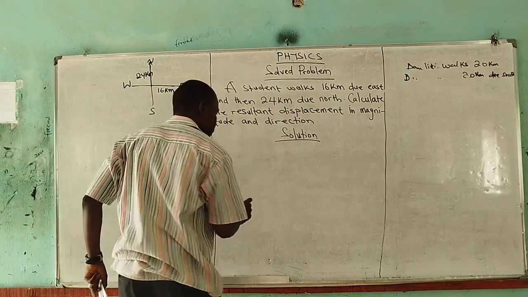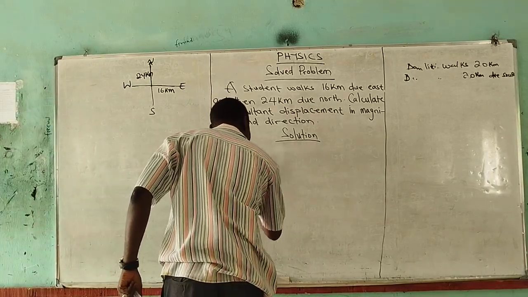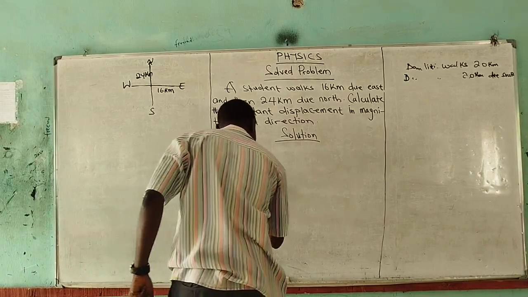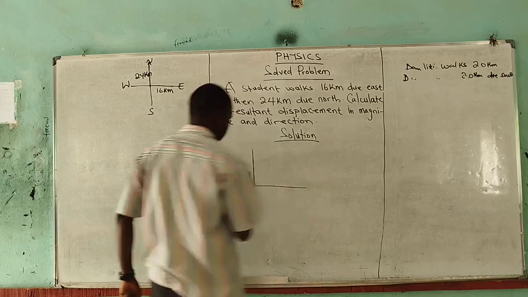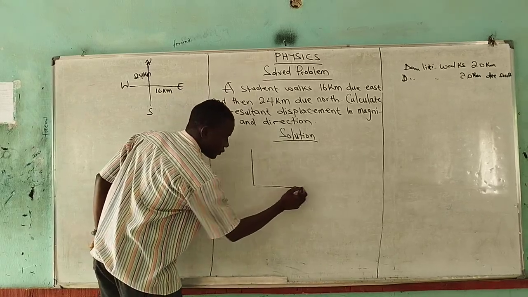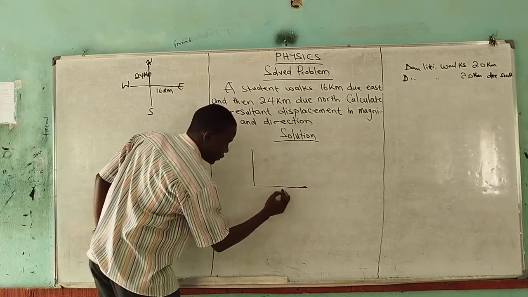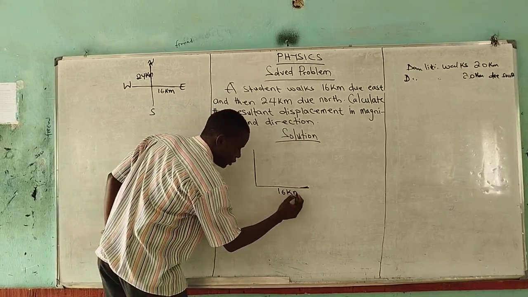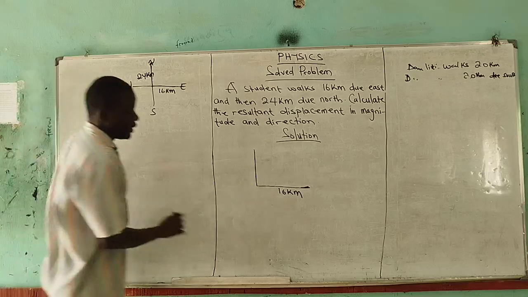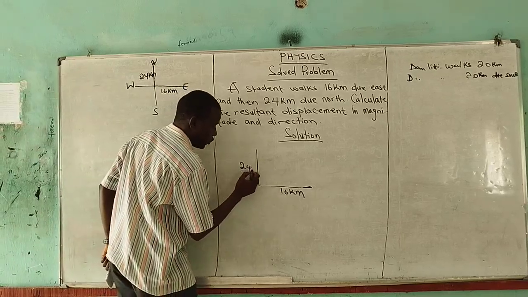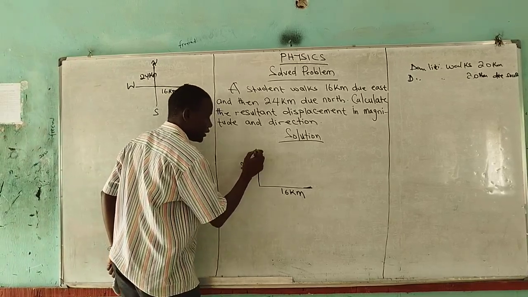So look at this. So we have something like this. See? So how many? 16 kilometer. Then here how many? 24 kilometer.